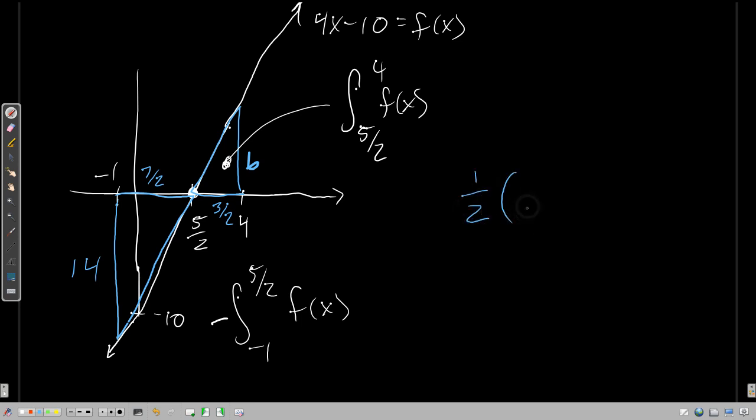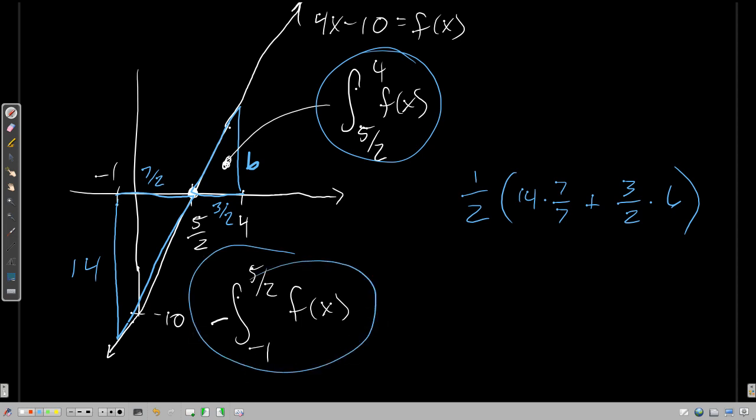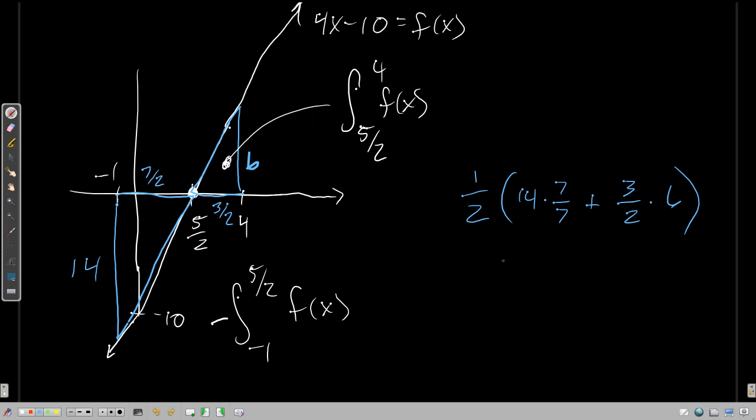Then 1/2 times 14 times 7/2 plus 3/2 times 6. That's my total area. It would be equal to this integral plus this integral evaluated with the fundamental theorem of calculus.